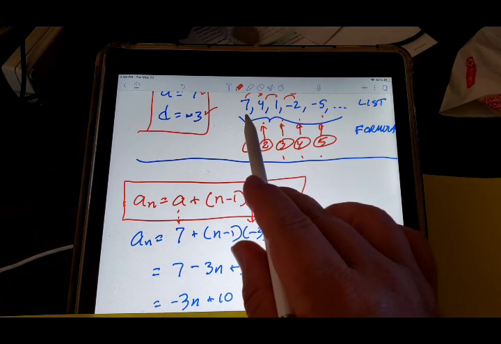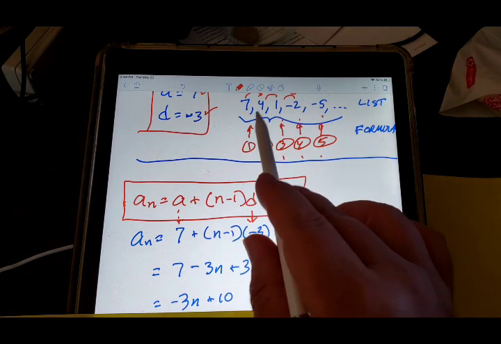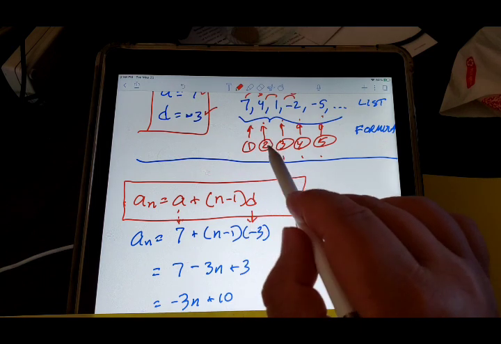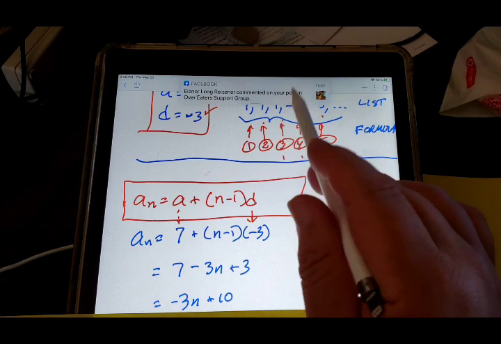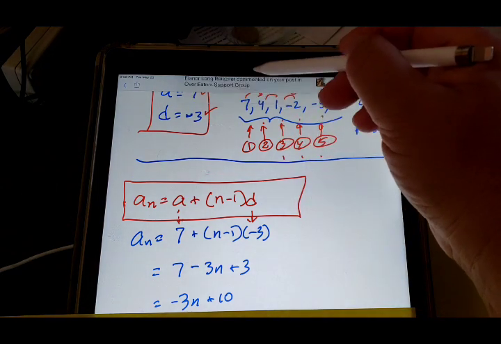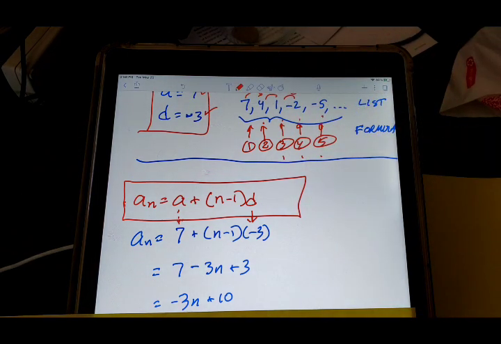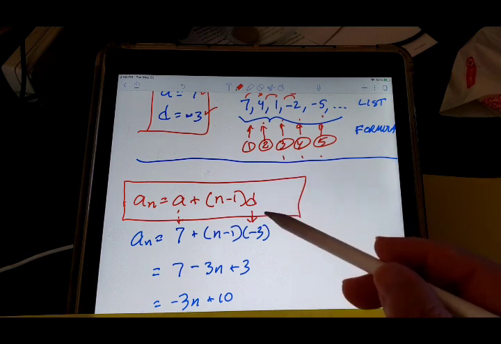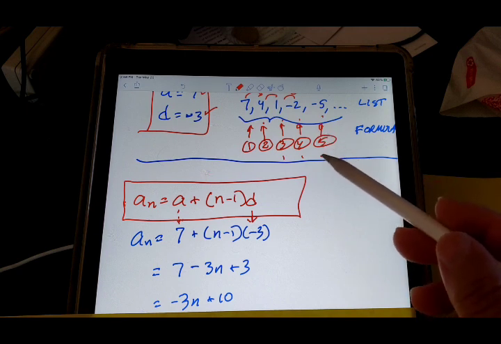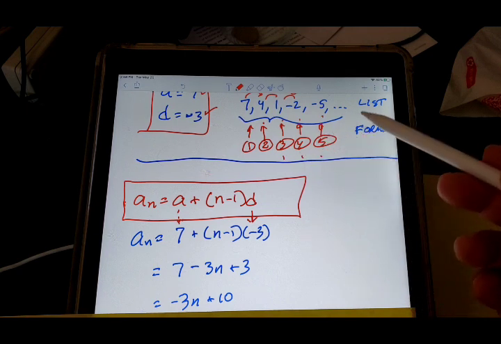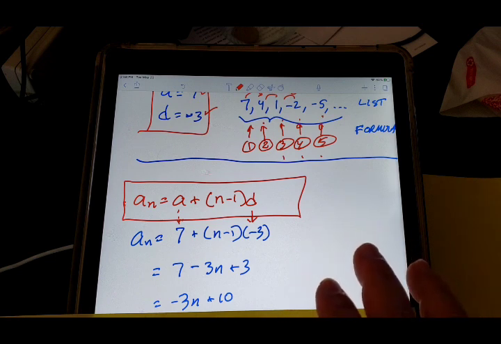Let's see, that's the formula that would give me a 7 when I put in a 1, a 4 when I put in a 2, a 1 when I put in a 3. I got the formula just by substitution rather than, what I call imagination, rather than trying to figure out what the list was.